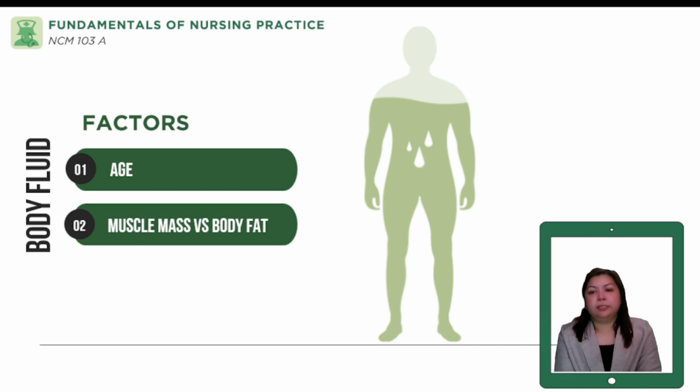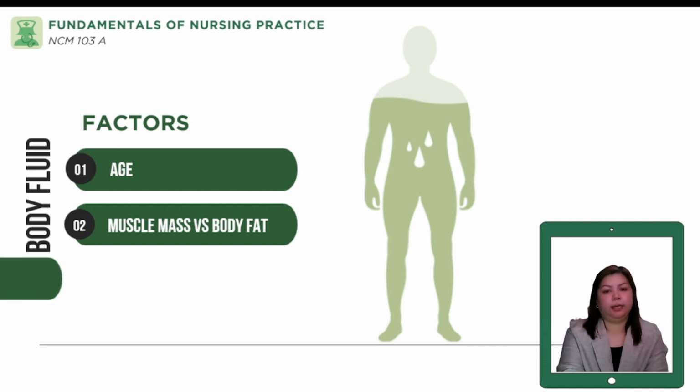So it is easier to understand why, going back to factor number one, younger people have a higher percentage of body fluids than older people, and it's mainly because of muscle mass that is gradually being lost as people naturally age.